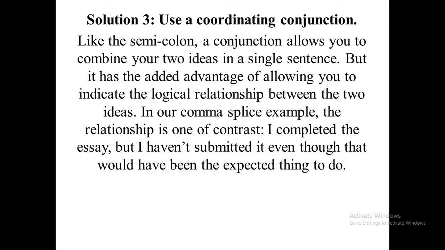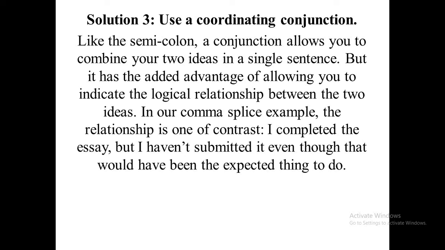Now solution number 3 is to use a coordinating conjunction. Like the semicolon, a conjunction allows you to combine your two ideas in a single sentence, but it has the added advantage of allowing you to indicate the logical relationship between the two ideas.